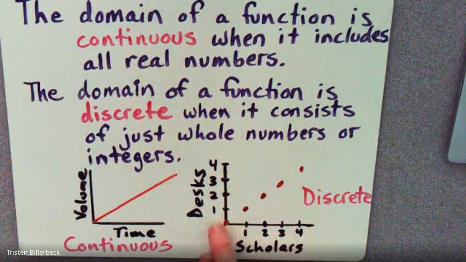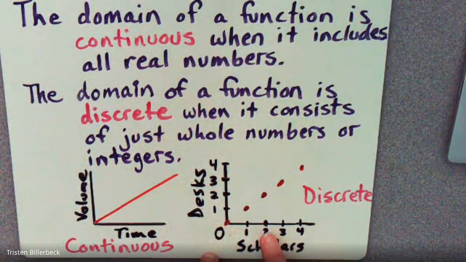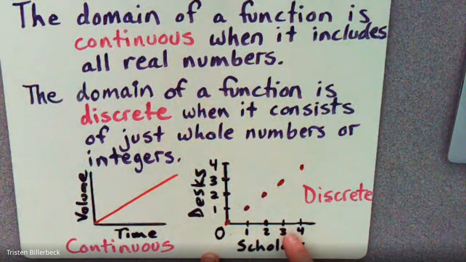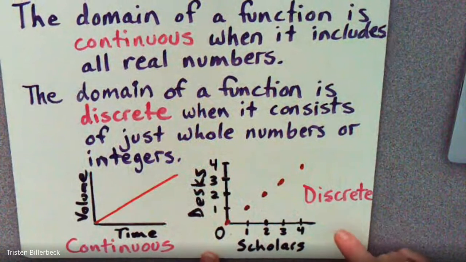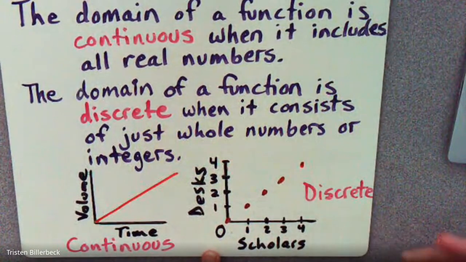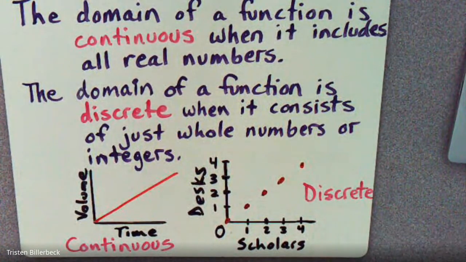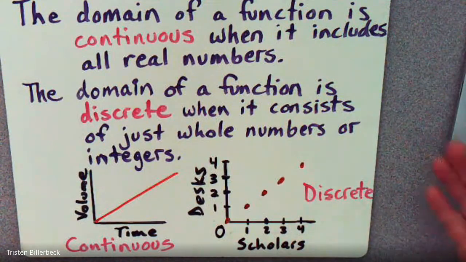But if we have one scholar, we need one desk. If we have 2 scholars, we need 2 desks, 3 scholars, 3 desks, 4 scholars, 4 desks. So that would be discrete, where we don't need half a desk or a third of a desk. We need 1 desk, 2 desks, 3 desks. So that's discrete data.